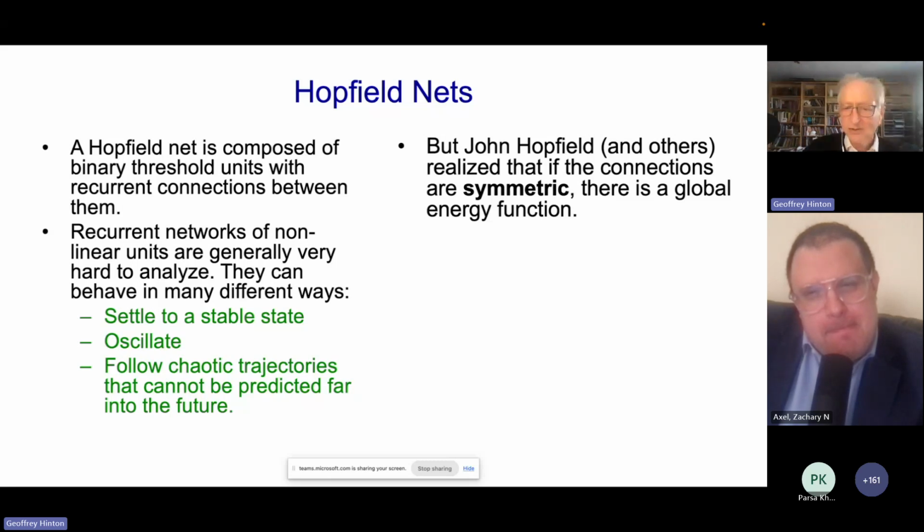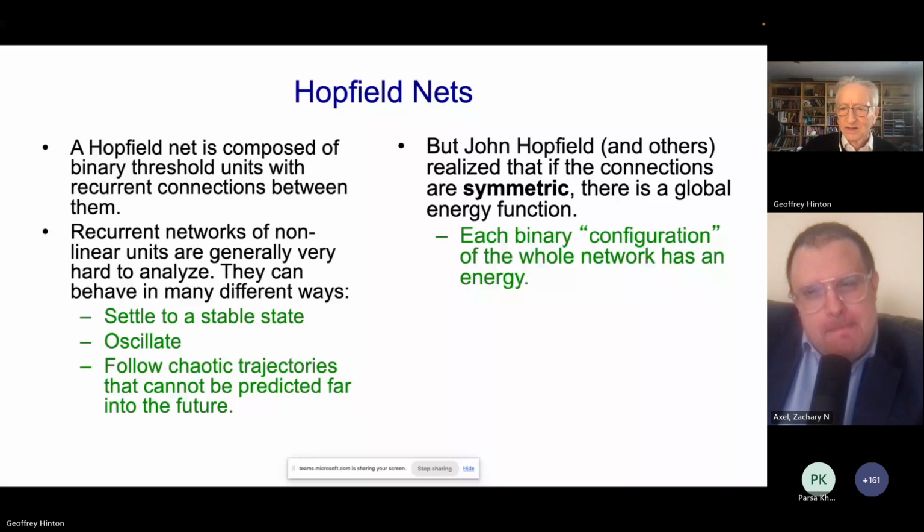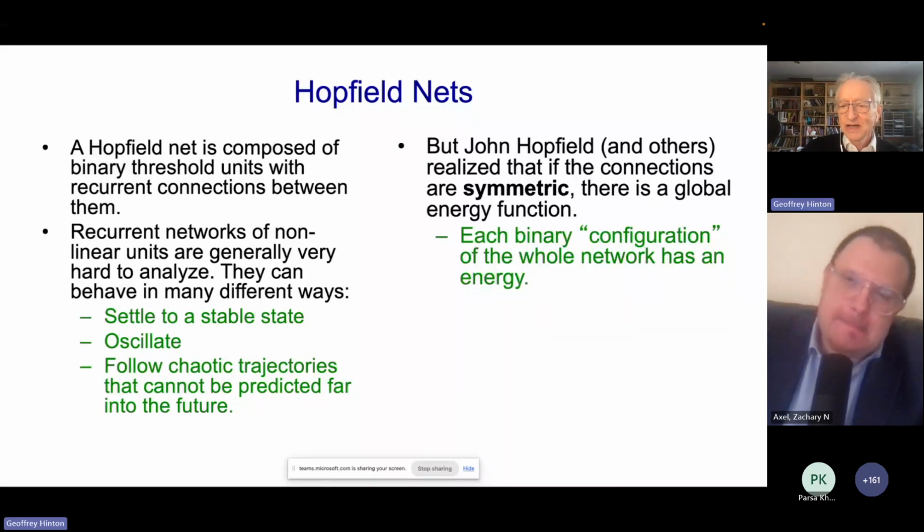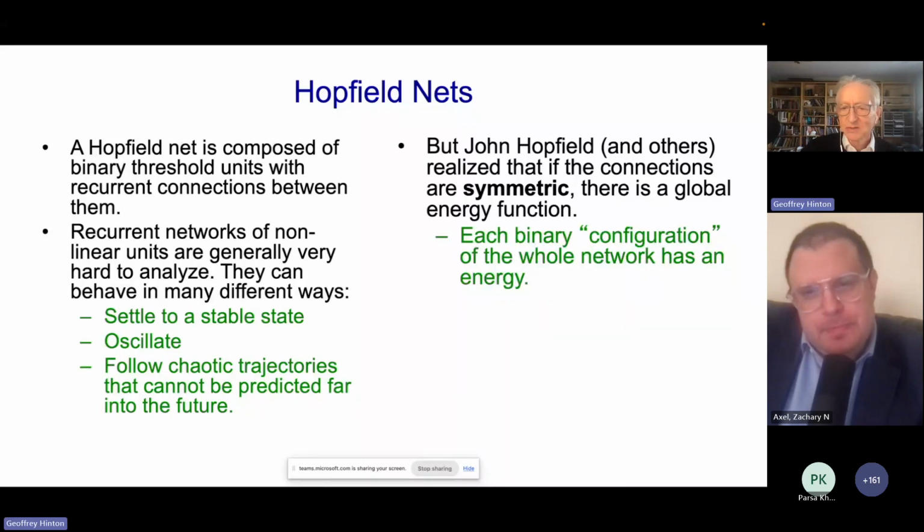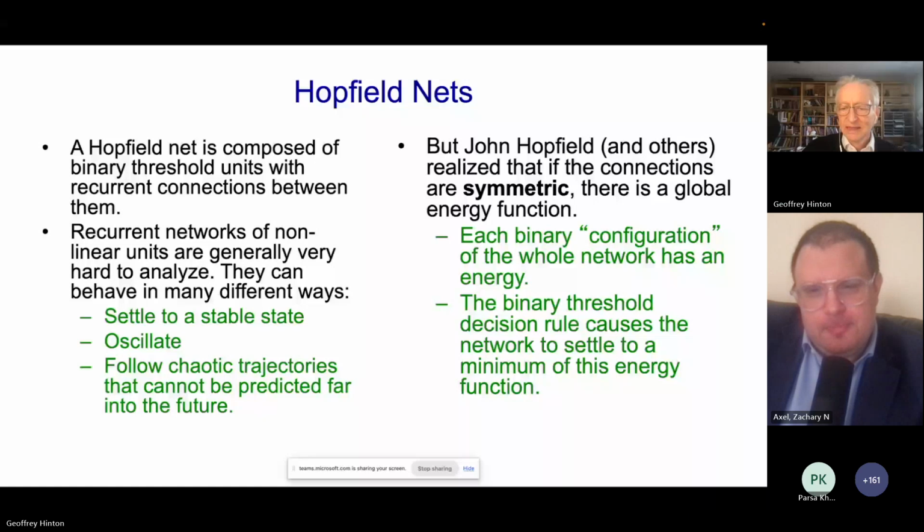That's what you need for a global energy function. So now each binary configuration of the whole network has an energy. And what I mean by a binary configuration is an assignment of ones and zeros to all the neurons in the network. That's a configuration. And the binary threshold decision rule is going to cause a unit to adopt whatever state minimizes the energy.